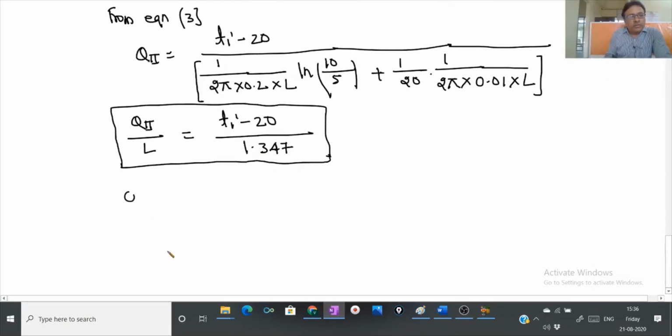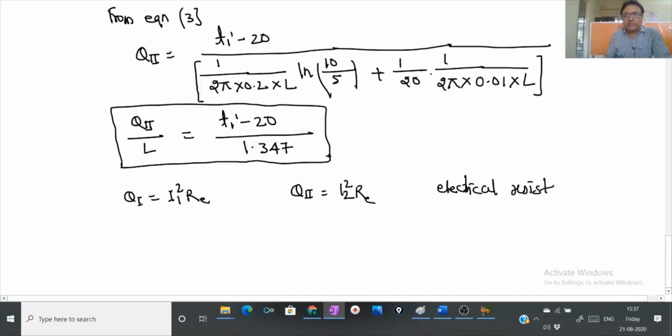Now Q1 can also be written as I1 square R and Q2 as I2 square R, where R is the electrical resistance of the cable, which is going to remain the same in both the cases, and I1 is equal to I2, that is the intensity of current remains the same in both the cases, which is given to me.